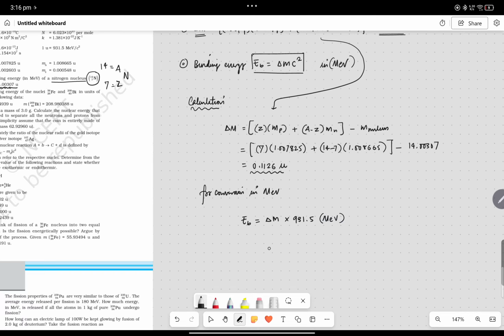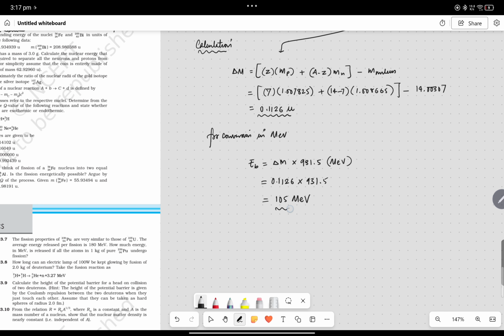So when you multiply the delta m in u with this 931.5, you are going to get the binding energy in mega electron volt. So 0.1126 into 931.5, and after calculating it, we get approximately 105 mega electron volt, right?